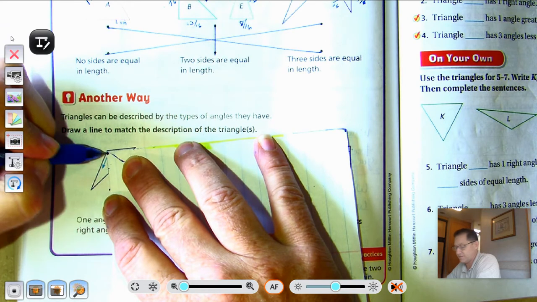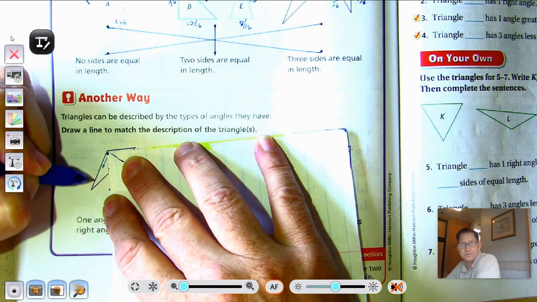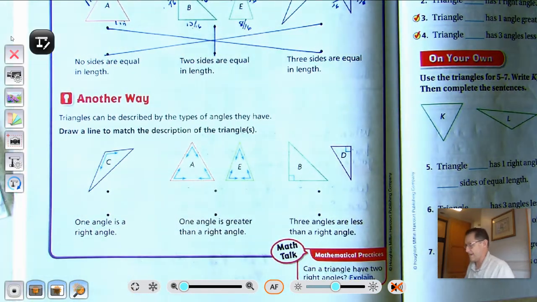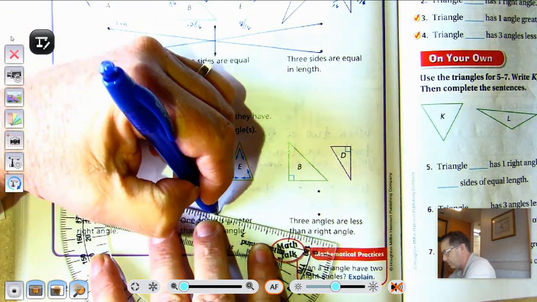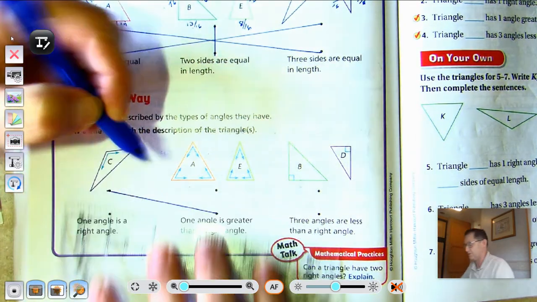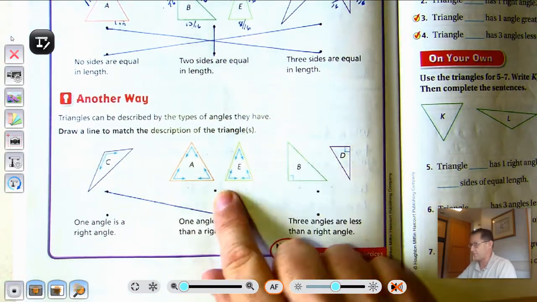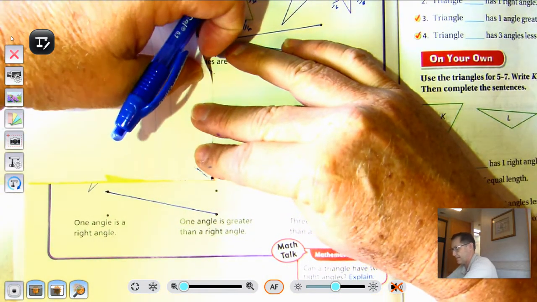The corner of my paper is at the vertex, and this is off of the paper. Okay, so that means it's greater than a right angle. So one of the angles is greater than a right angle. That would be one way to describe them. And then we see that we have three angles, and what measure are those? Well, let's just take one corner.